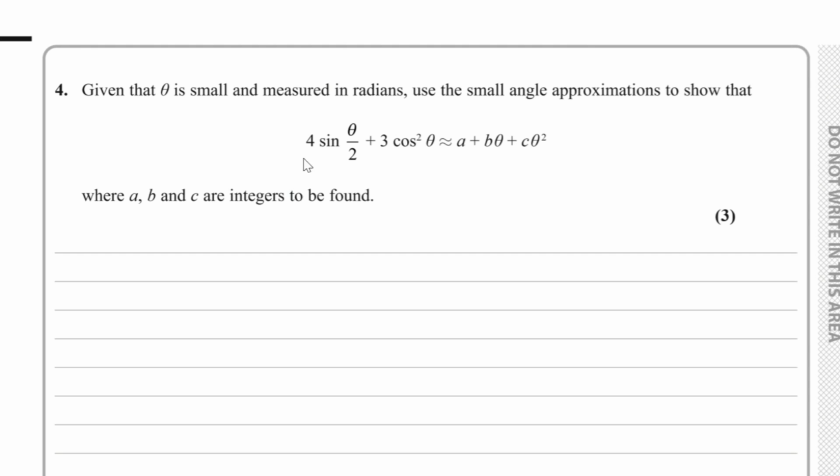Question number 4. Given that theta is small and measured in radians, we have to use the small angle approximations to show that 4 sine of theta over 2 plus 3 times by cosine theta squared is approximately equal to 1 plus b theta plus c theta squared.